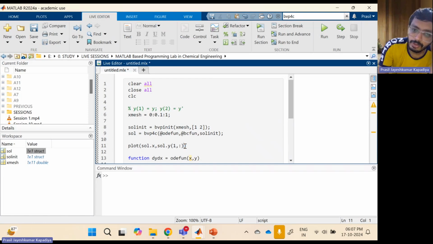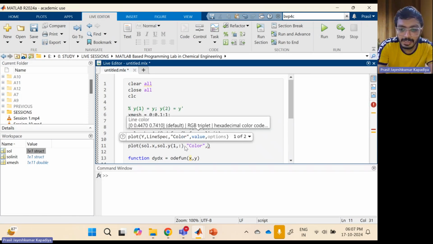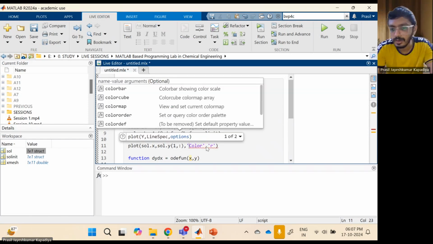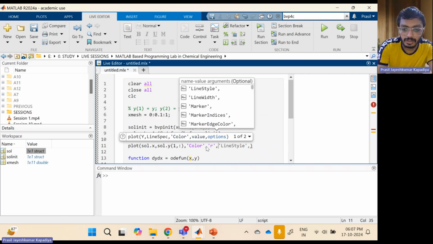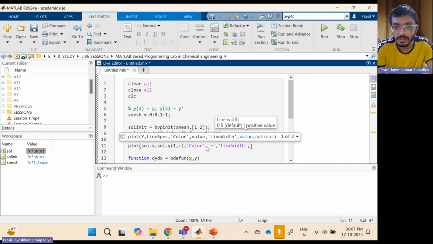So what further we can do? We can improve our plot with, let's say, color. I am keeping it as black, or let's say red this time. Further we can give line width, let's say 1.5.